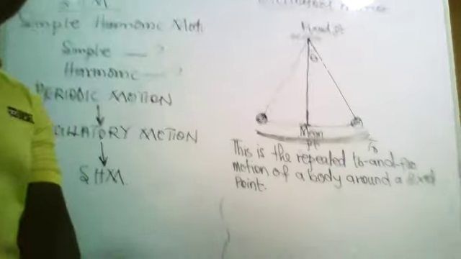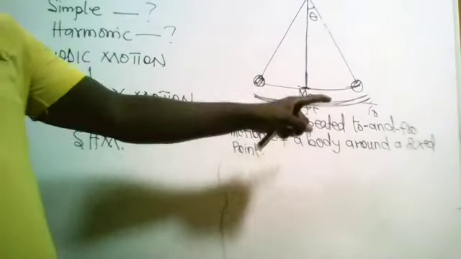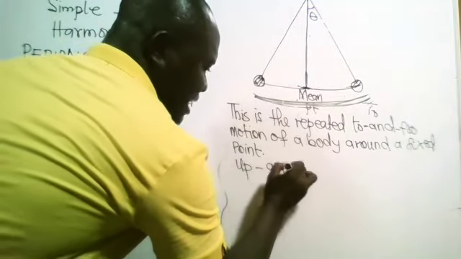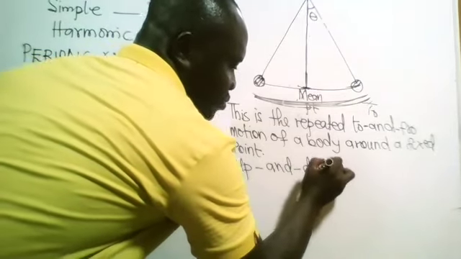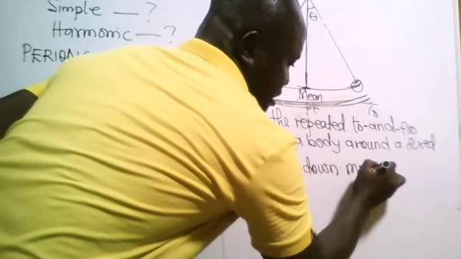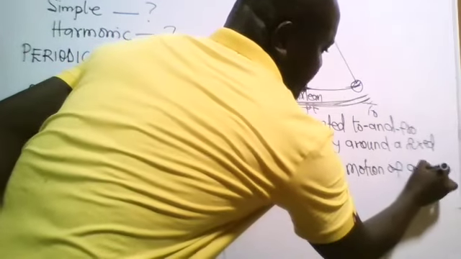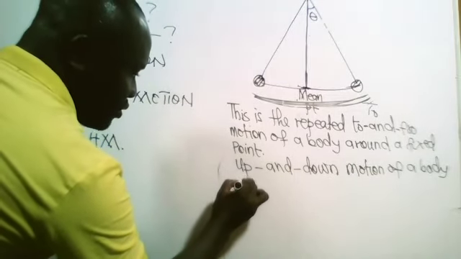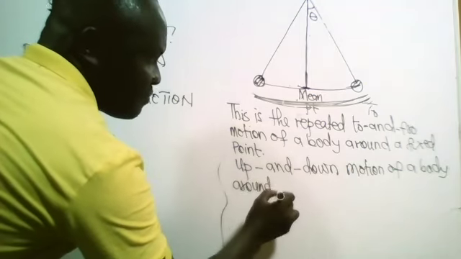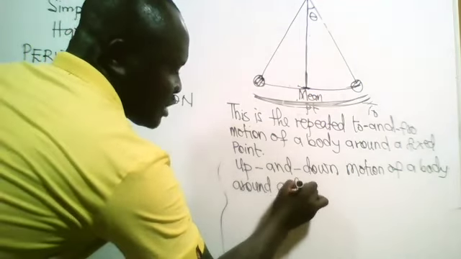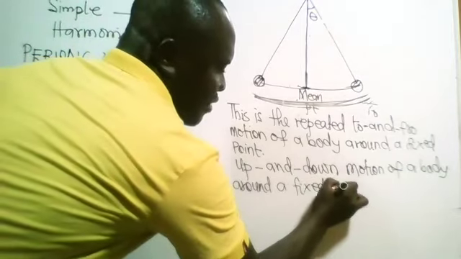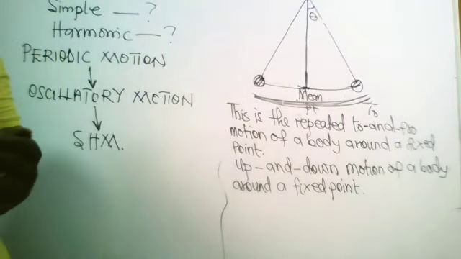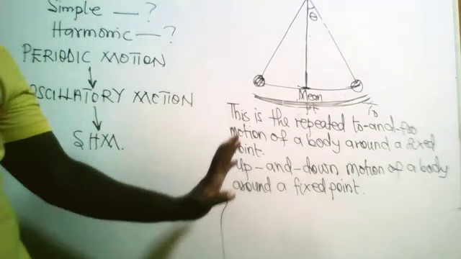So either you define it as the repeated to and fro or up and down motion of a body around a fixed point. And the fixed point, as I said, is the mean point, also said to be the equilibrium position.